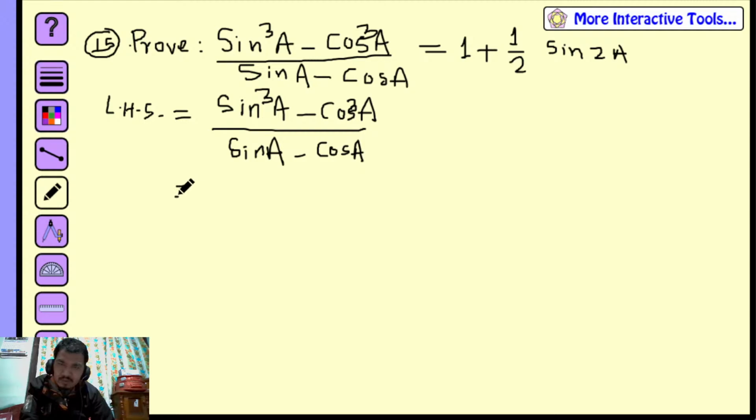And here first we have to open this formula of a cube minus b cube, okay. As we know, here is a cube minus b cube. Look, I will write the formula here.